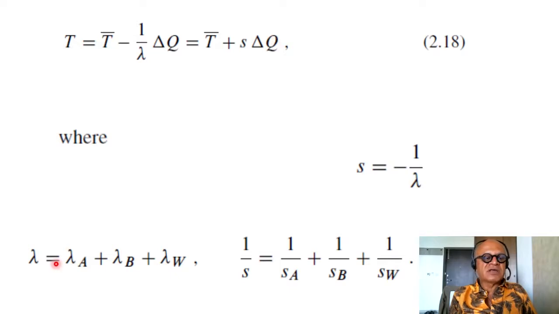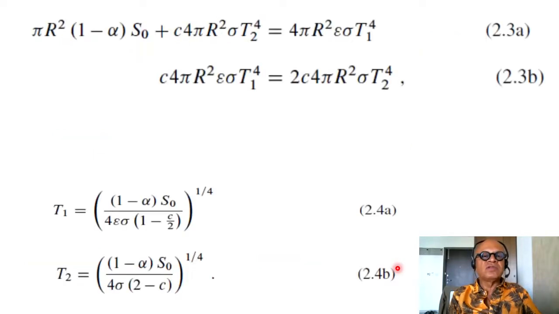So write lambda as lambda A plus lambda P plus lambda B plus lambda W, as we said, which makes 1 over S to be 1 over S sensitivity to short wave, sensitivity to long wave, and sensitivity to internal feedbacks. This puts us in the framework of climate modeling and seeking climate sensitivity with all the feedbacks that are in the system.